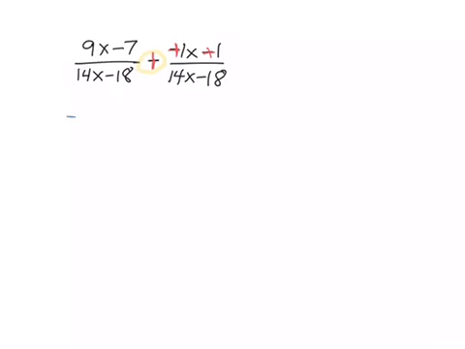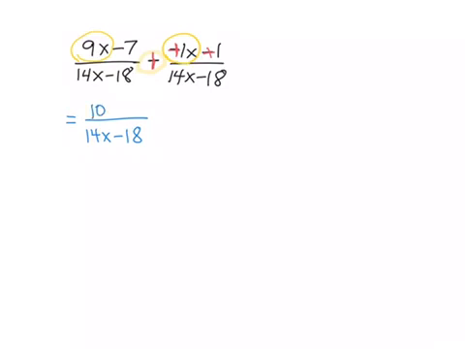But now we're going to be able to approach this the same way that we did the last two. So that denominator, again, is going to stay the same. We're going to keep that 4x minus 18. And now I'm looking for like terms in the numerators, or like terms on top. So I have 9x, and this, which is now a positive x, right? So I have 9x plus 1x.